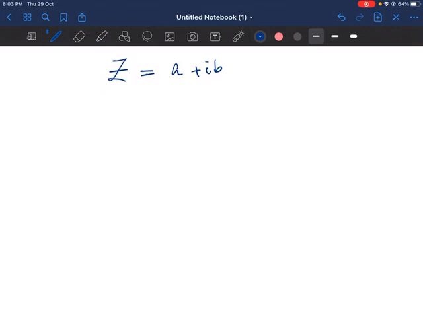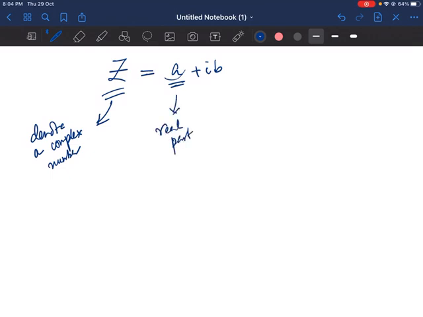This is how I denote a complex number. Here, a is nothing but the real part, and b is nothing but the imaginary part.